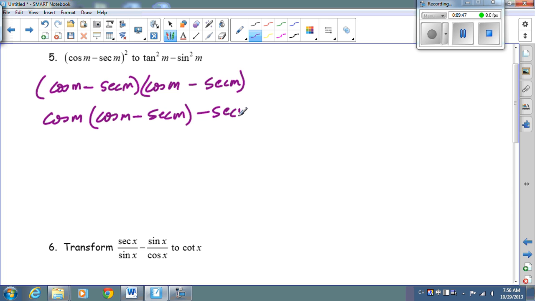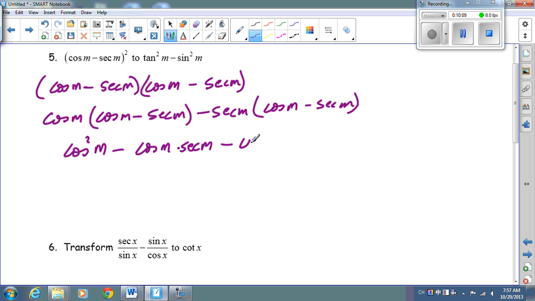Minus the secant of m that I'm multiplying by cosine of m minus secant of m. This is just a double distribution, so I will end up with cosine squared of m minus cosine m times secant m, which is 1, but I will write cosine m times secant m, minus secant m cosine m plus secant squared of m.